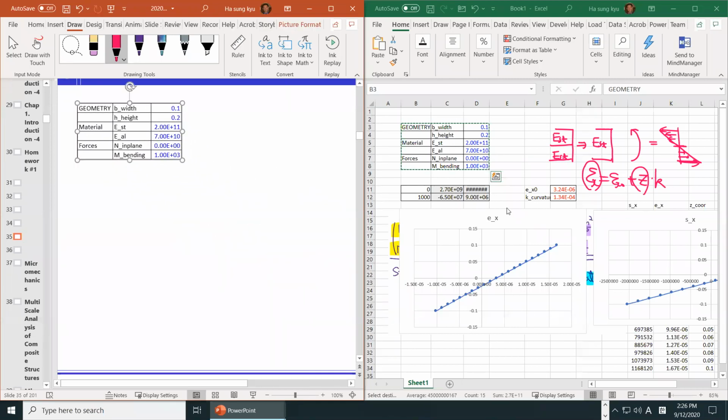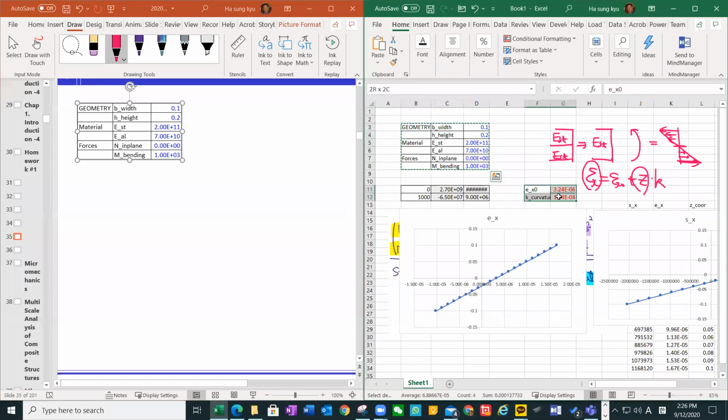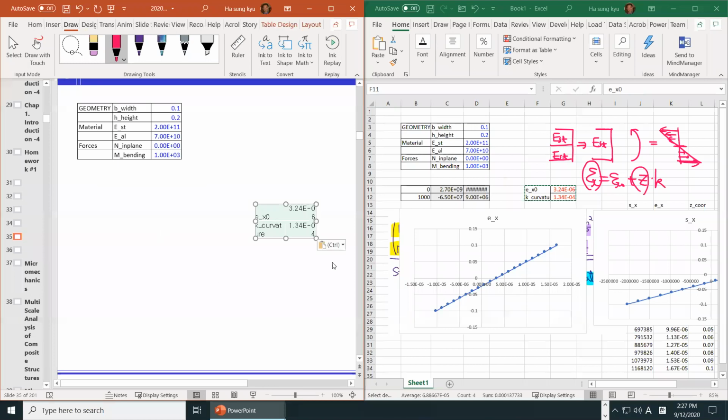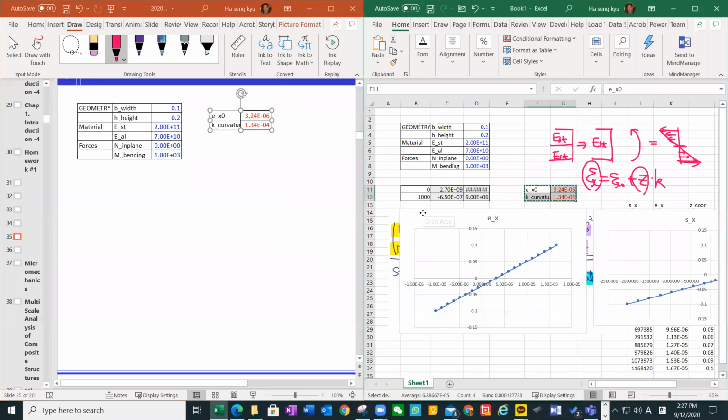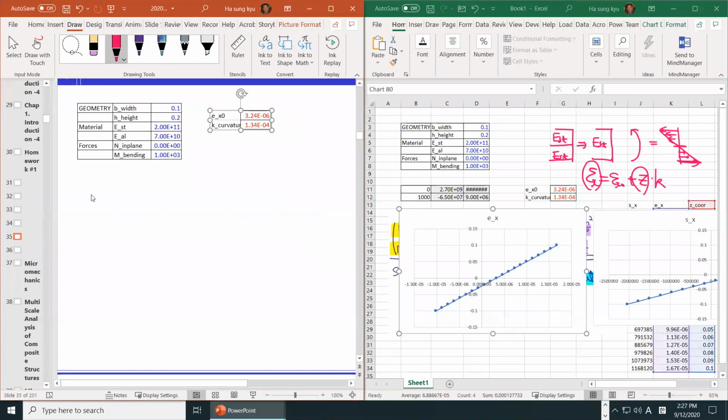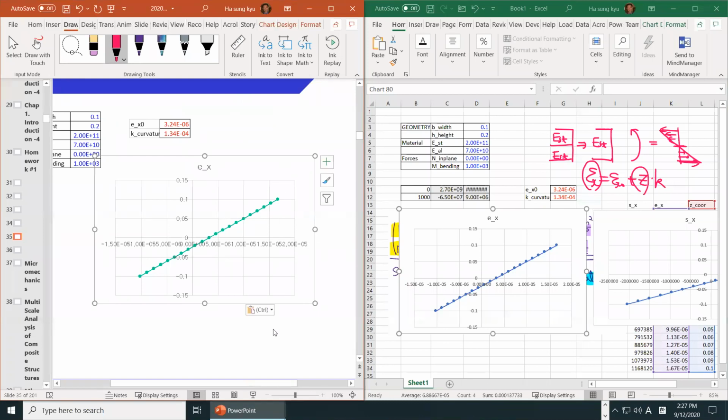This is the input. This is the output. And this is the plot, for example.